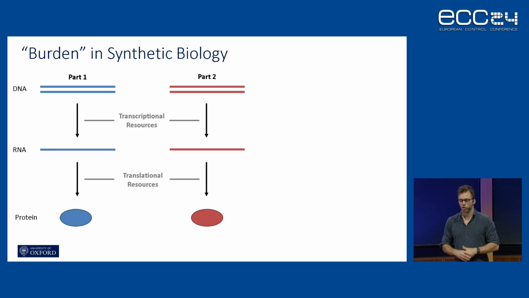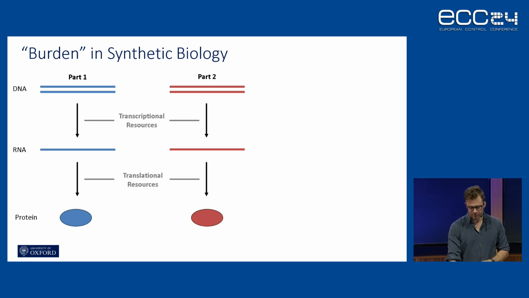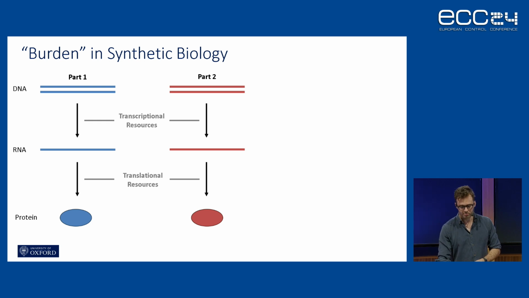There are a lot of different reasons for this. One of the common challenges we come across is resource sharing within a cell. If I made one part of DNA here and another part of DNA on the right, we would ideally have the case that these things would just get produced by a cell and they would both behave as if the other one was not there.